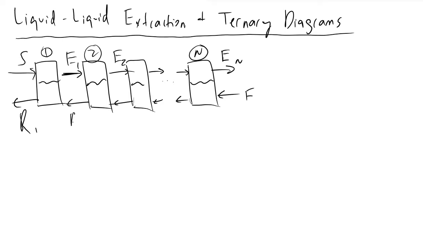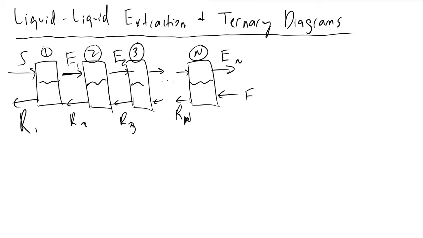And we can say the same of the trays preceding it. So in this case, R2 will be leaving tray 2, and R3 will be leaving tray 3, and this final value will be R sub n.